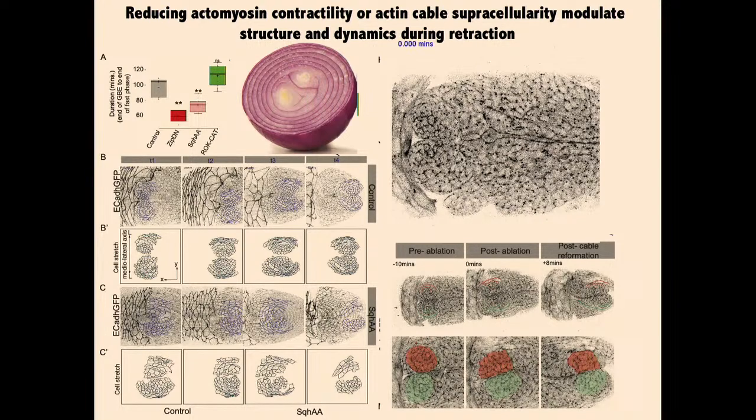And so what we did was to use genetic methods to perturb just the tail end of the germ band, with genetic ways of perturbing contractility, meaning perturbing actomyosin function. These are two ways of down-regulating contractility due to the actomyosin cytoskeleton.